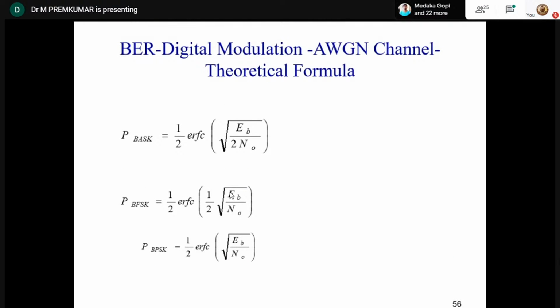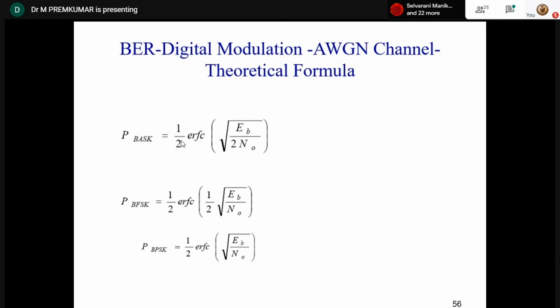So these are some formulas which we are all aware of. The formula of bit error rate of a digital modulation scheme in an AWGN channel. AWGN stands for additive white Gaussian noise channel, like the PCB noise present in our mobile. These are the erfc, complementary error functions, which we are all aware of.